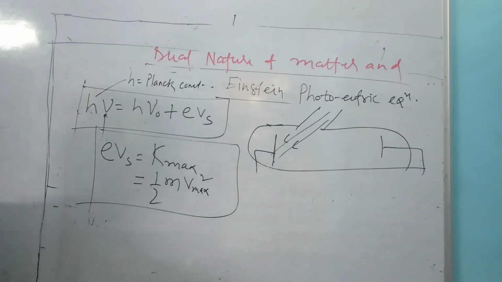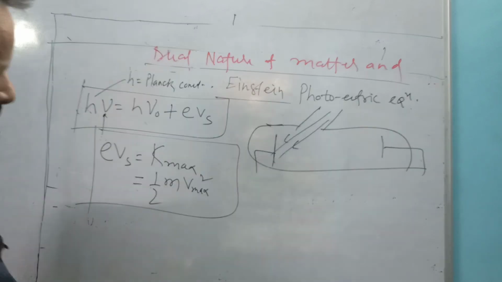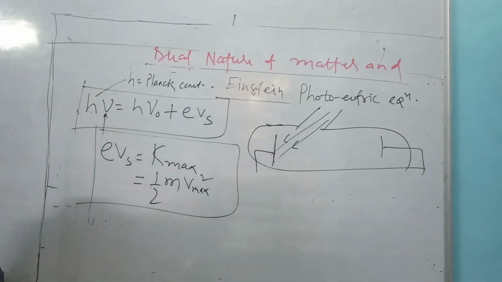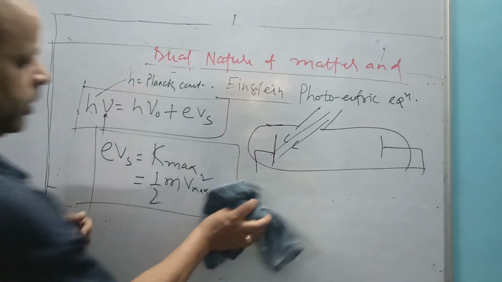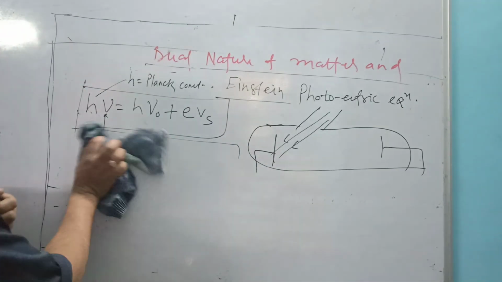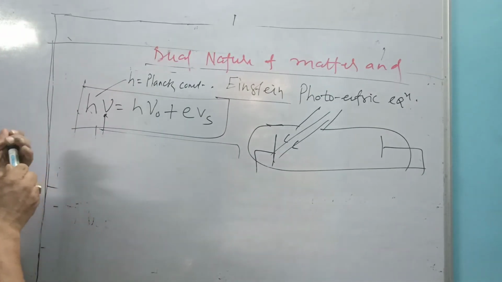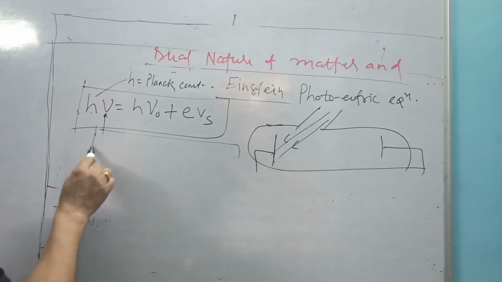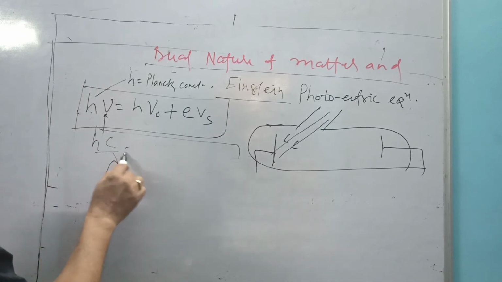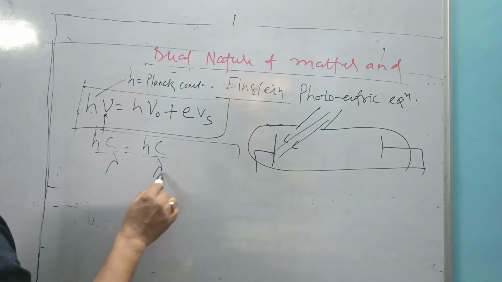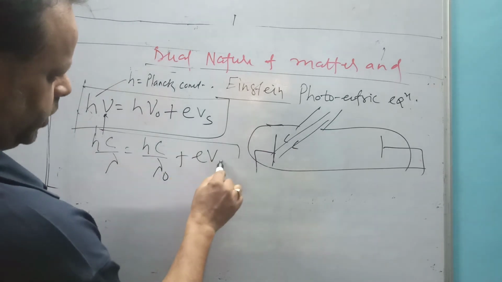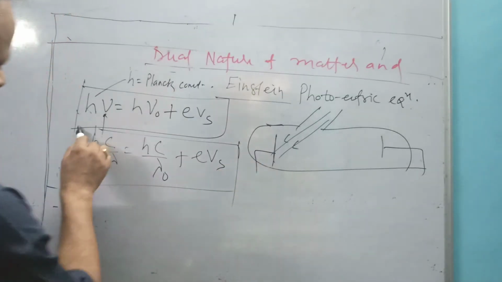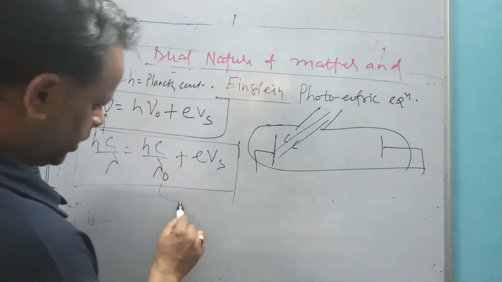Here Vs is the stopping potential and e is the charge on the electron. There is a certain modification we can have in a numerical. They can go for hc by lambda. This is hc by lambda naught, and this is basically called the threshold wavelength.